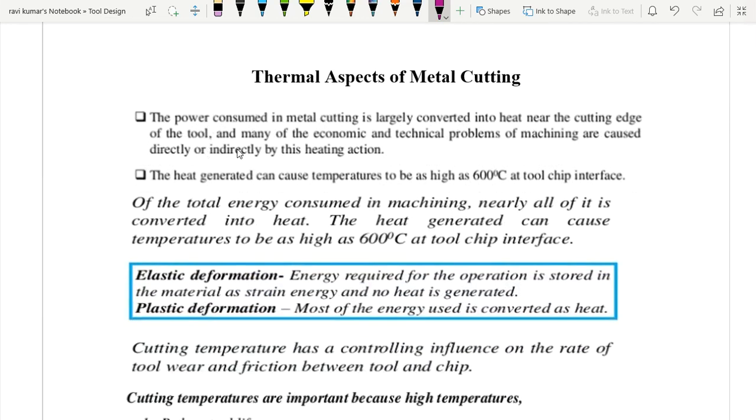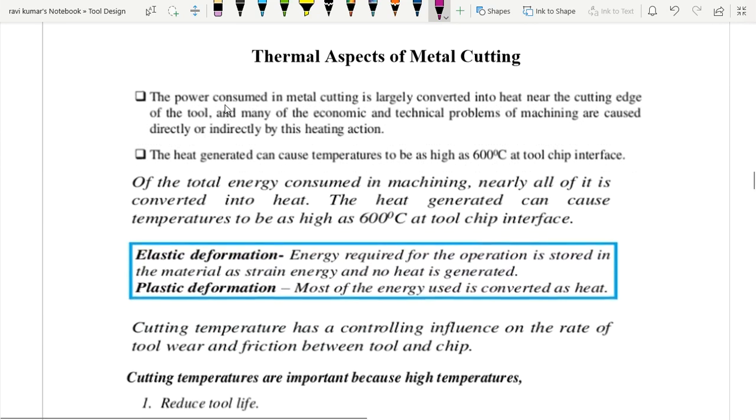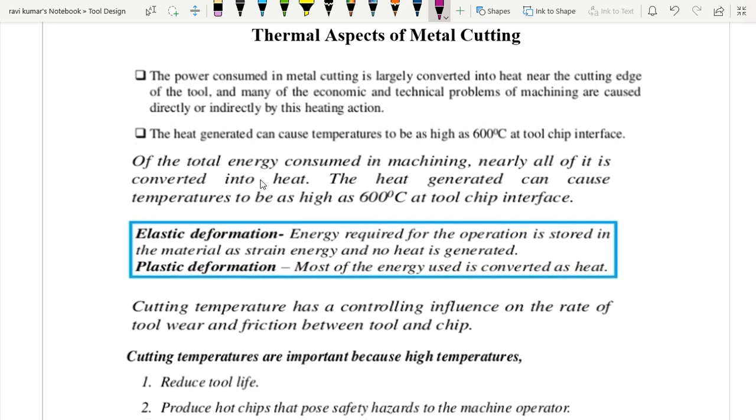Next, thermal aspects of metal cutting. When I talk about these thermal aspects, we should understand that the cutting tool is subjected to a great amount of forces during the cutting operation.